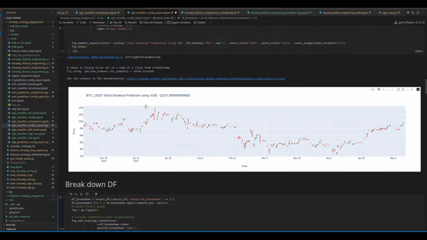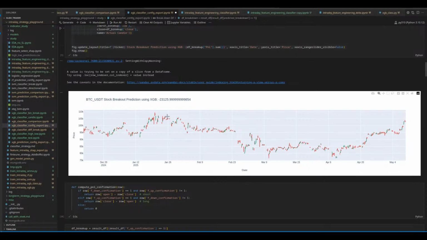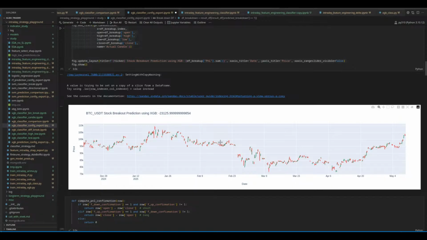Regardless of that, what I meant by confirmation is that the model is obviously relying on certain parameters, certain features, to predict the high and predict the breakout and breakdown. What can be done over here is, if there's a way for me to identify another feature that is affecting the model.